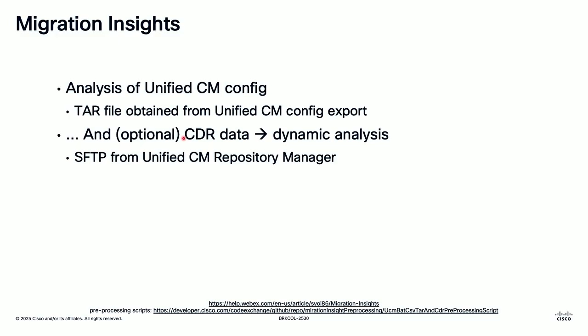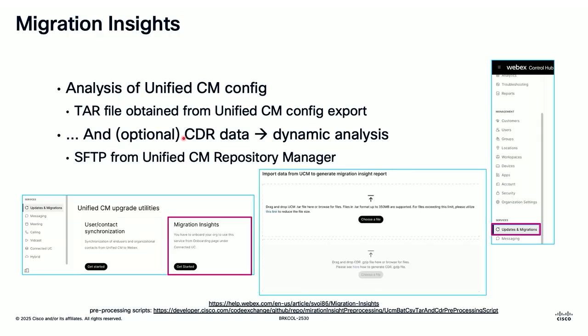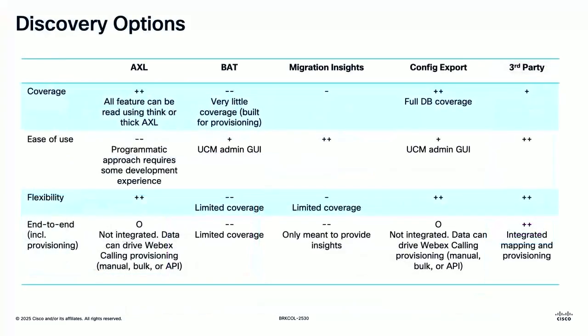You need dynamic data, you need insights into what's actually happening in UCM. Anyway, the Migration Insights tool, this is how it works. You dump your data in there, and then you get these insights.